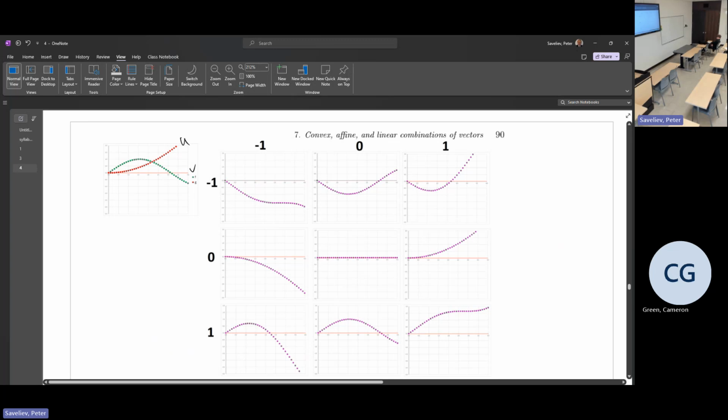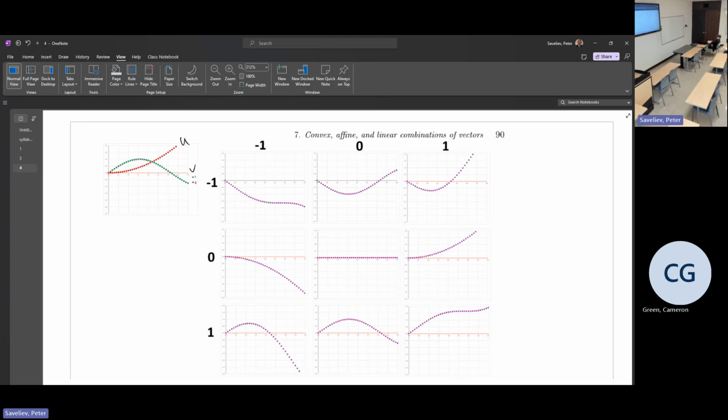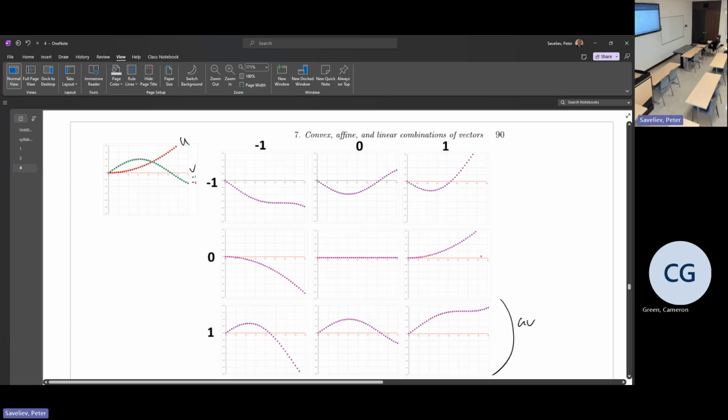Naturally u and v re-emerge here as functions, as extreme cases. Then there is an average between them somewhere, which is 1 and 1. This is the average, of u and v.